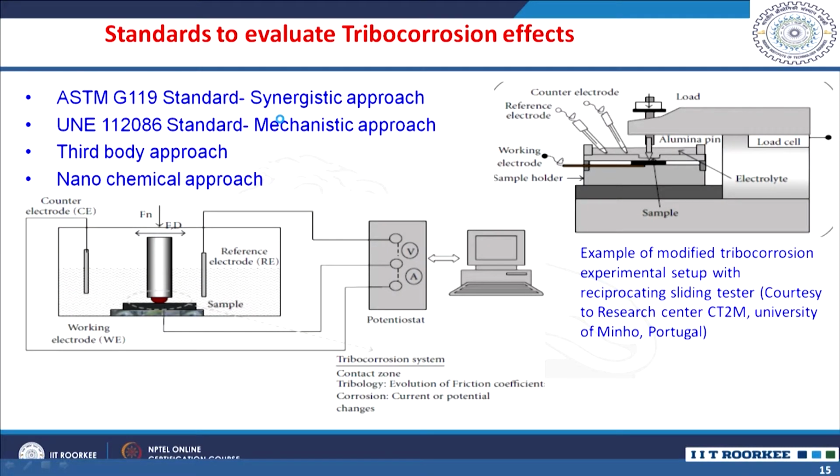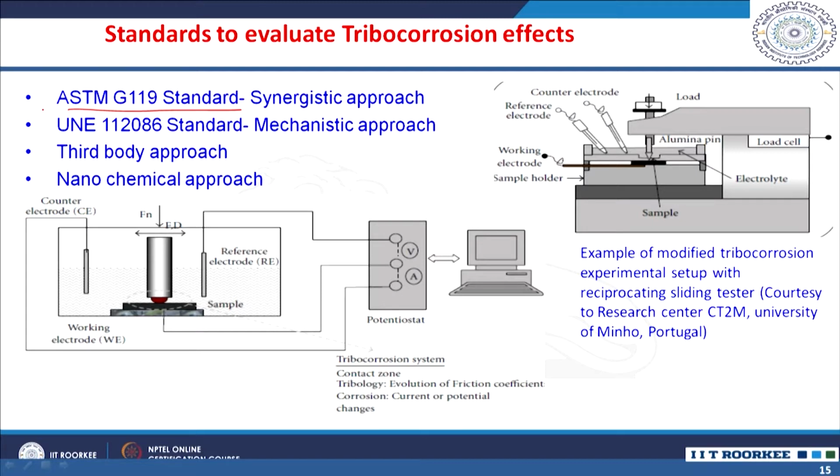Finally, there are several standards available to evaluate such tribochemical effects, or we can say tribocorrosion effects. There is the ASTM G119 standard for the synergetic approach to wear because of the mechanical contacts and wear because of the corrosion effects. Both can be synergetically estimated.